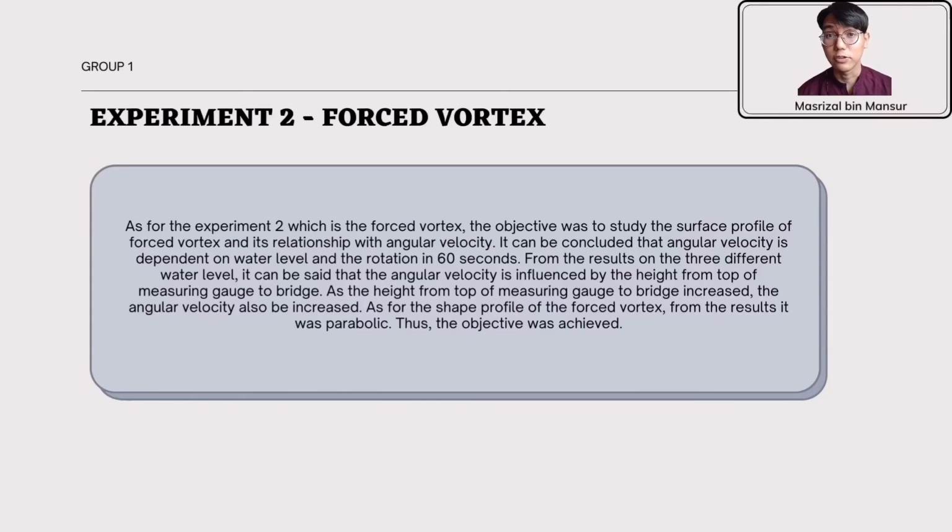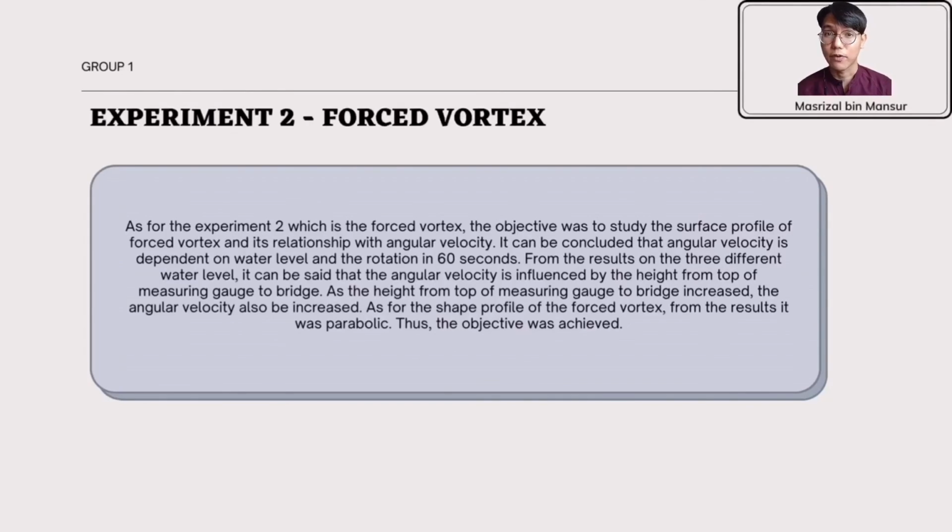As for experiment 2, which is the forced vortex, the objective was to study the surface profile of the forced vortex and its relationship with angular velocity. It can be concluded that the angular velocity is dependent on the water level and the rotation in 60 seconds. From the results on the three different water levels, which are high, medium and low, it can be said that the angular velocity is influenced by the head from the top of the measuring gauge to the bridge.